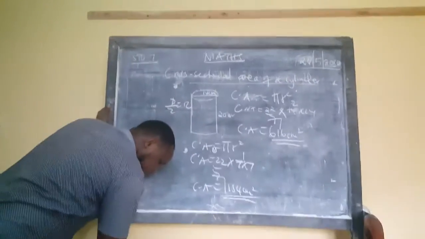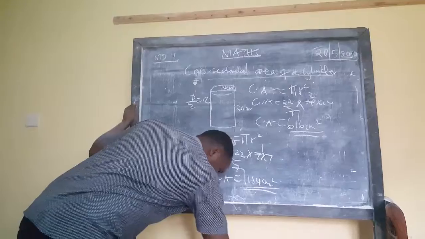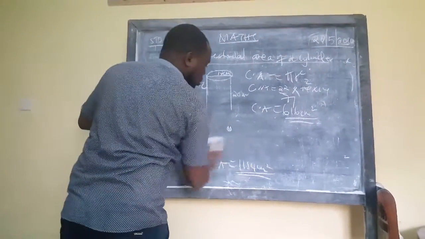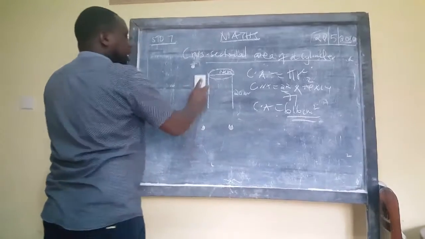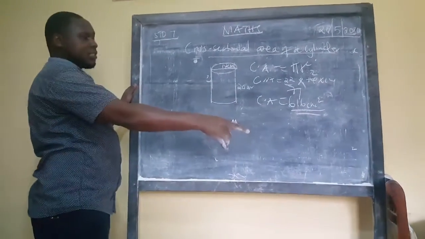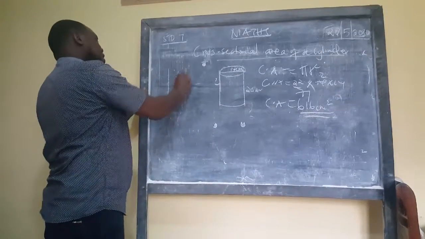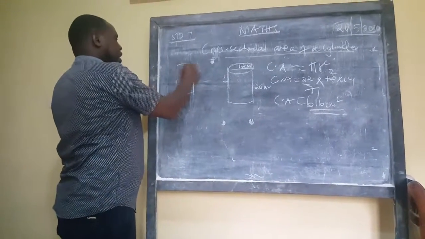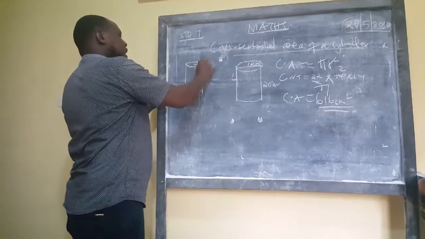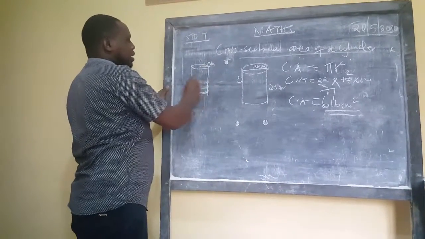Now for us to be able to get the volume, this is what you do. We have known how to get the cross-sectional area. You remember our coins? Our coins have a radius of 11 millimeters, and their height, we arranged 20 of them.